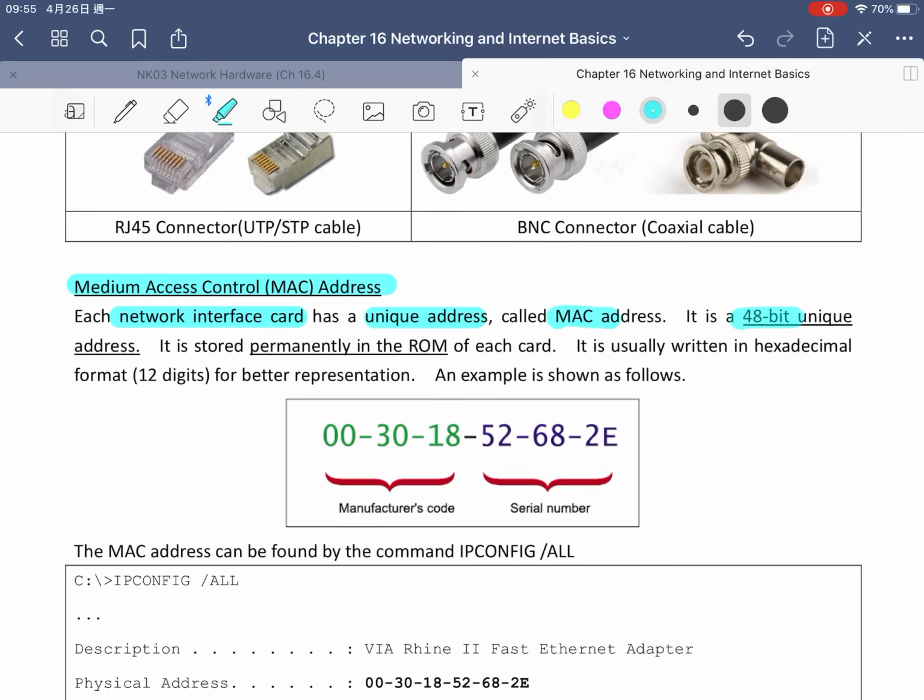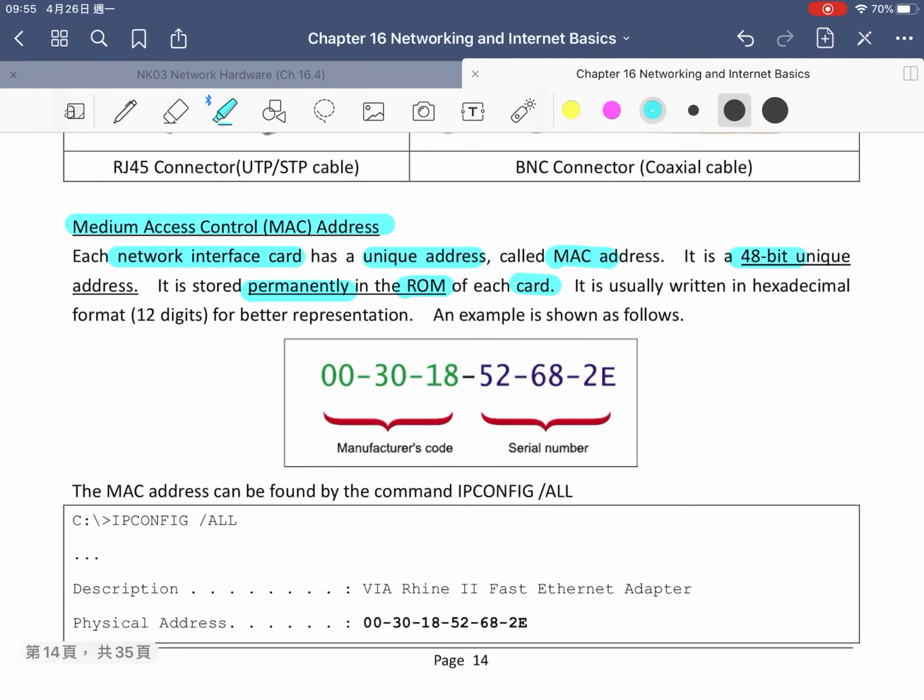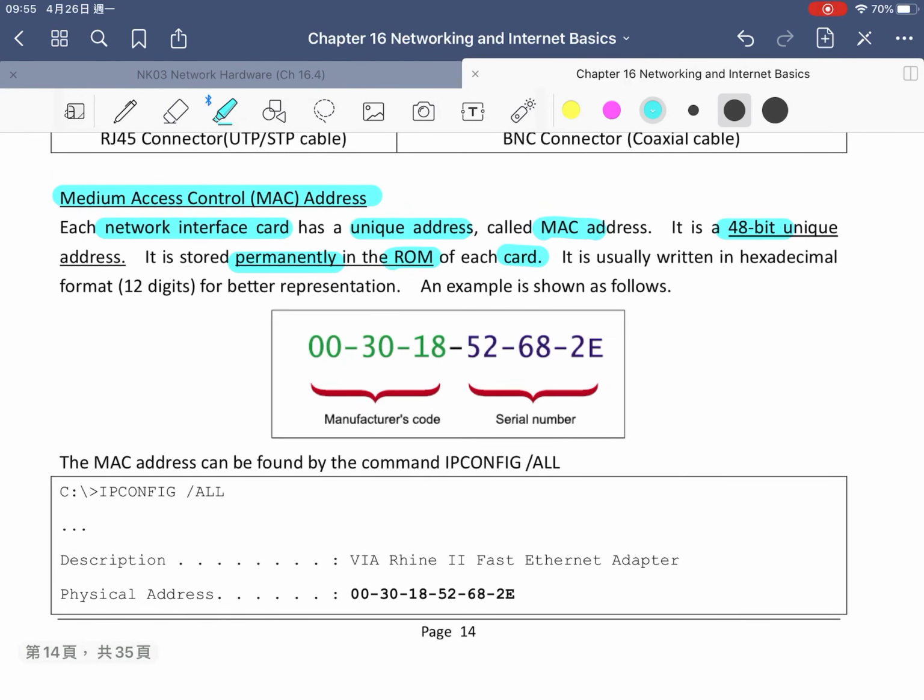It is a 48-bit address. It is stored in the ROM of the network interface card permanently. It cannot be changed. Because 48 bits is too long, we use hexadecimal to represent the MAC address. There are totally 12 hexadecimal digits.